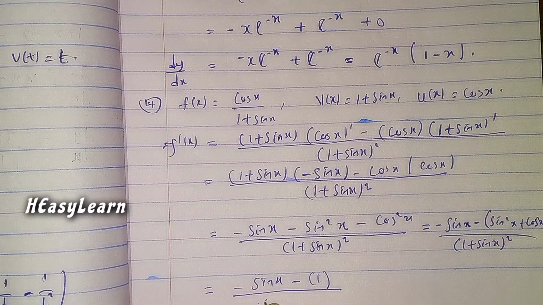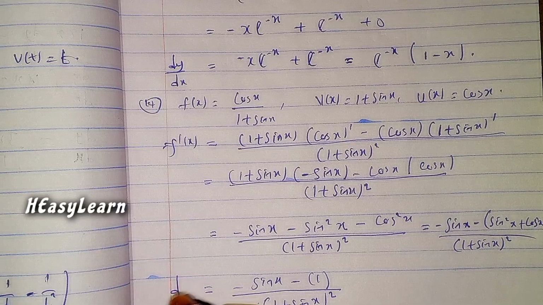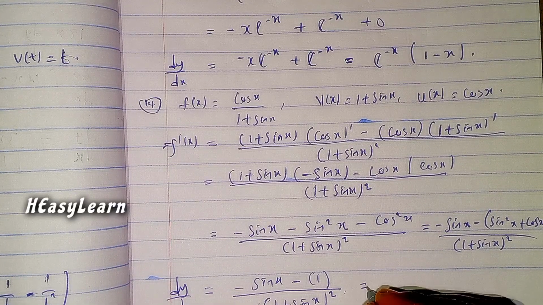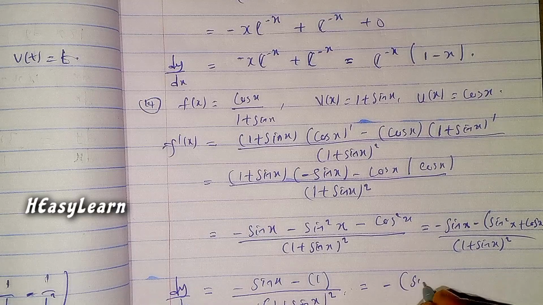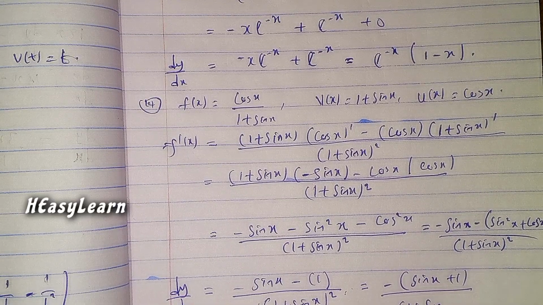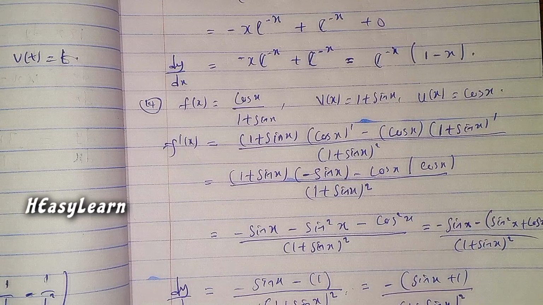So this is the same thing as (1 plus sin x) all squared. So the derivative of this function is equal to minus (sin x plus 1) divided by (1 plus sin x) all squared.